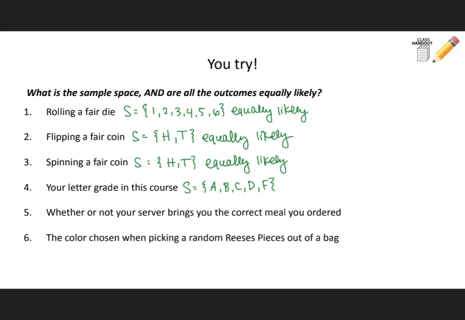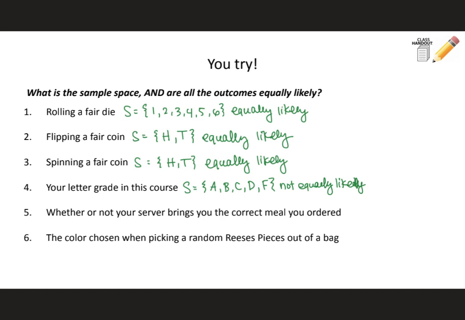And if you think about it, no, that's not true, right? Because people maybe who get A's, I mean, I'm speaking generally, you have to work a lot harder to get an A than you do an F. So in that case, they're not equally likely. If you think about it this way, your grades are not assigned by chance. It depends on how much you know and understand and how hard you work.